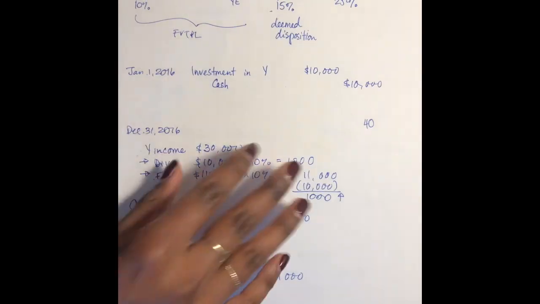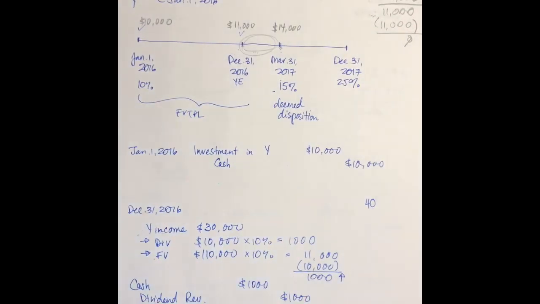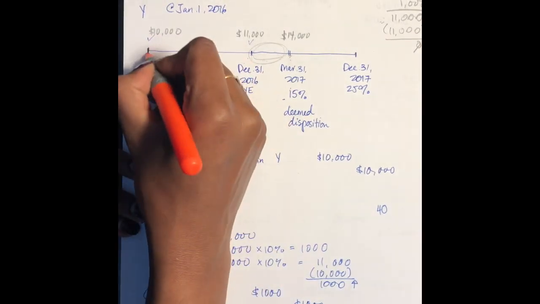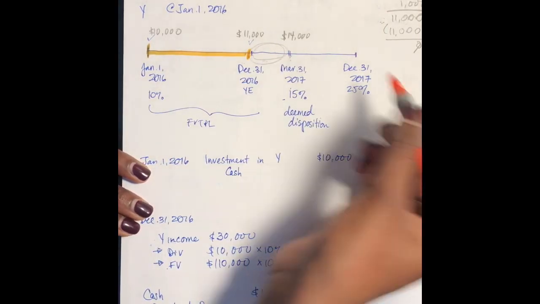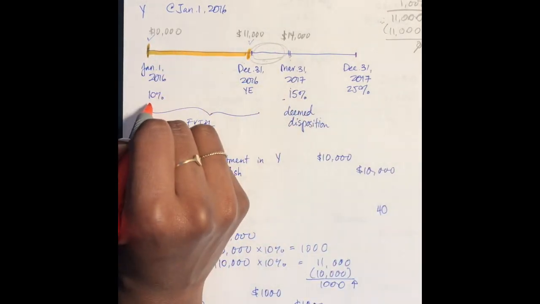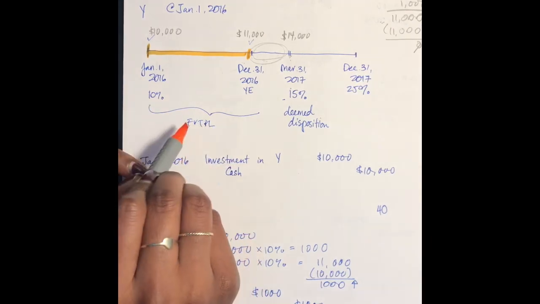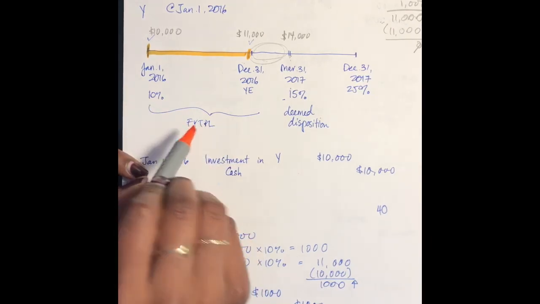So to recap, let's use some colors to recap. Here, you're going to use fair value through P&L, right? Because it's under 20%. It's a financial instrument, and we're using fair value through profit and loss.